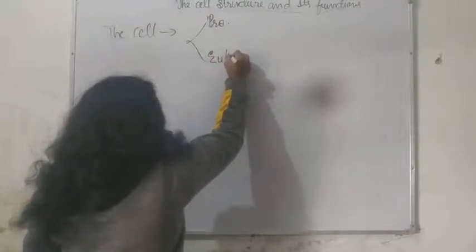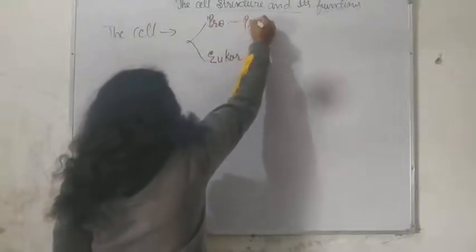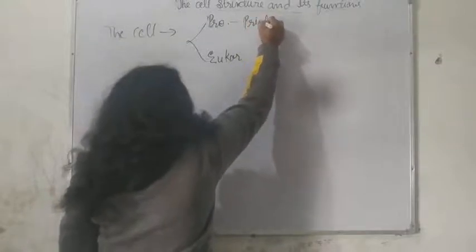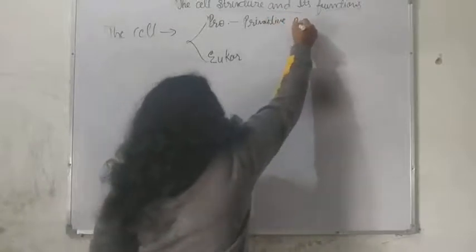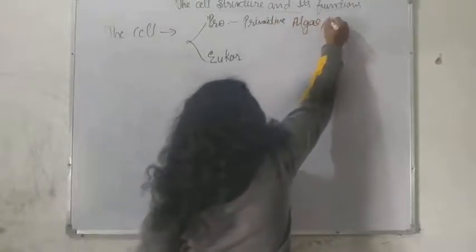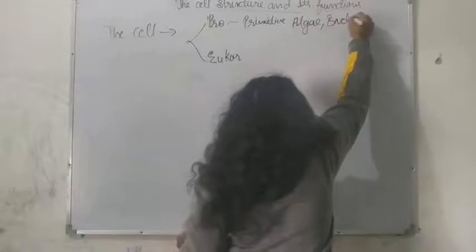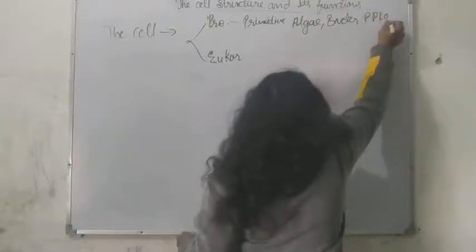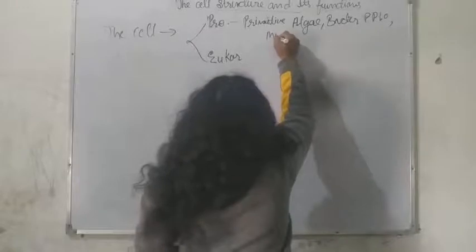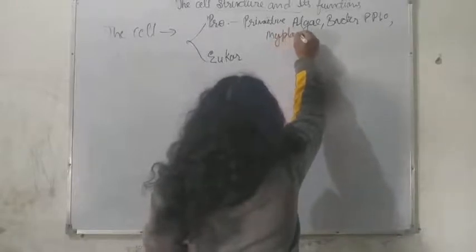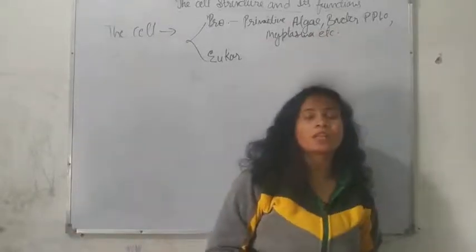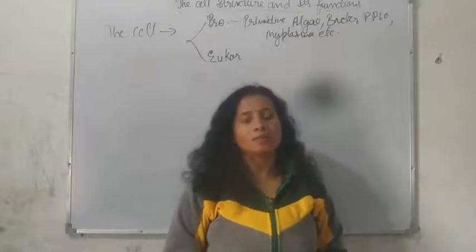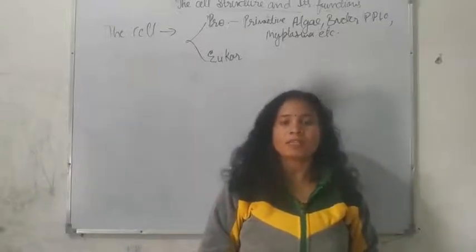As we know, the prokaryotic is the primitive type of cell which is found in lower class organisms like algae, bacteria, PPLO, mycoplasma, etc. These organisms are made up of prokaryotic cells and perform all cellular functions by only a single cell.